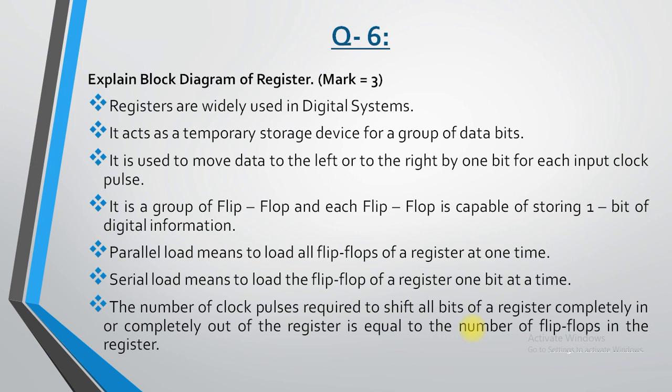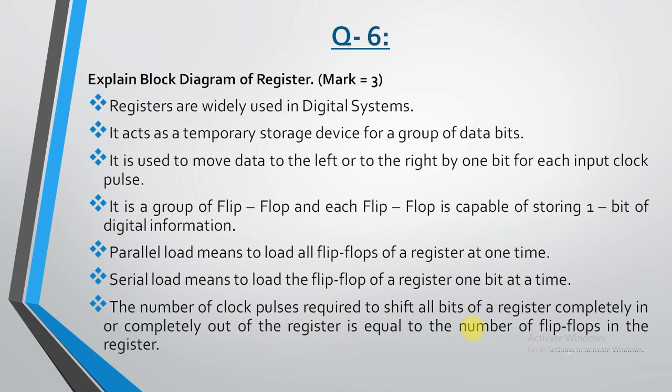If you want to get data back from the register, it is called out, which is equal to the number of flip-flops in the register. That means if you have used 4 flip-flops, you are going to store 4 bits of information inside the flip-flops. Is that clear to everyone?